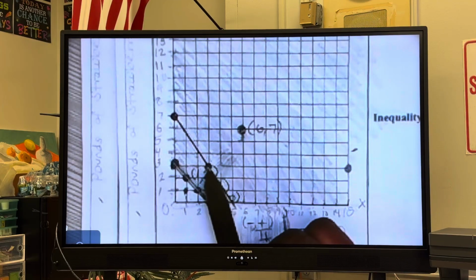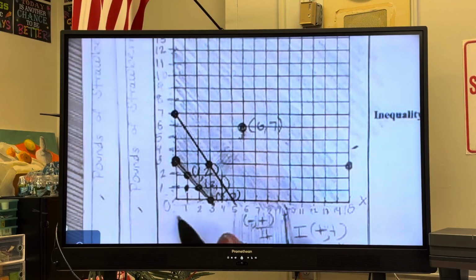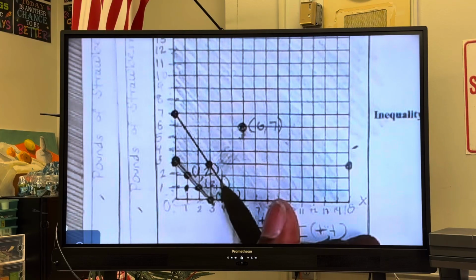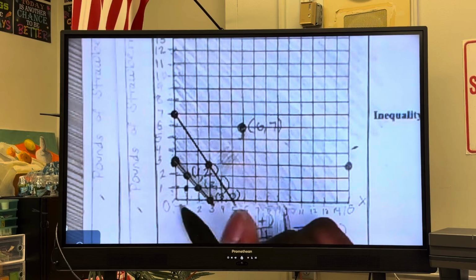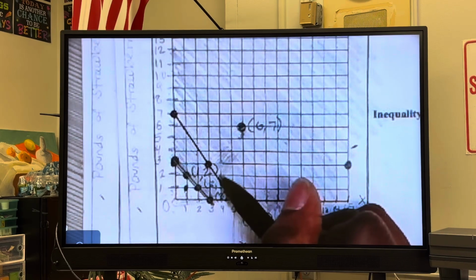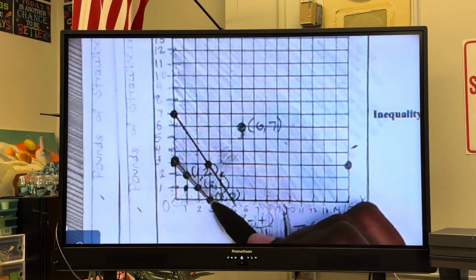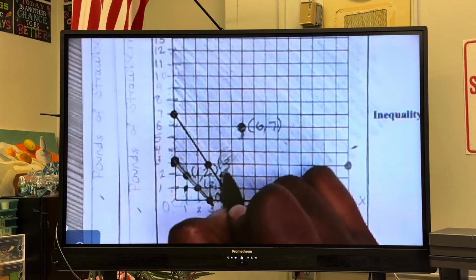Y'all see that? Y'all see the point 3, 3? 4, 2. 4, 2 is way off. This is 4. This is 2. That point is right there. Can we all agree that the point 3, 3 falls on the line? Okay, so let's put 3, 3.